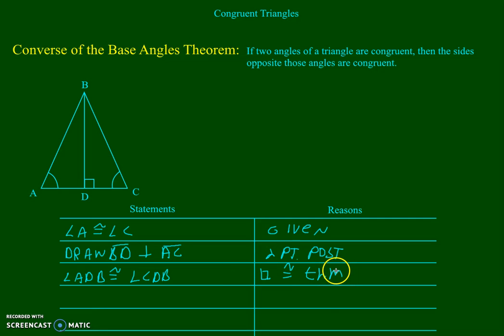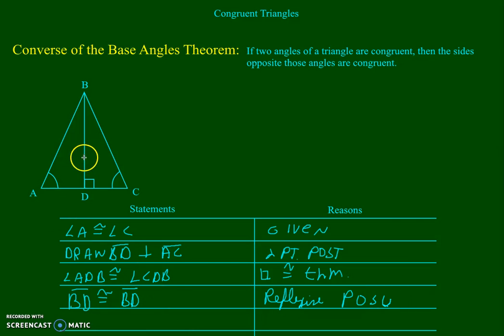All right angles are congruent. So now all we have to say is that BD is congruent to itself. So BD is congruent to BD, and that is the reflexive property of segment congruence.